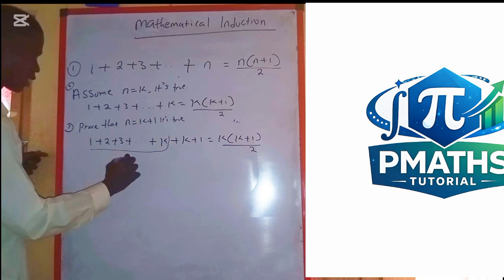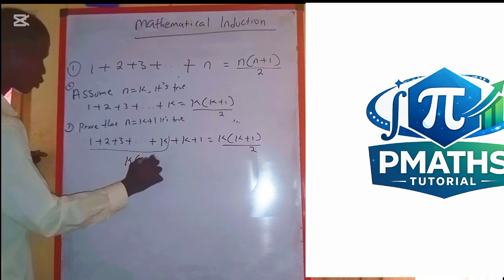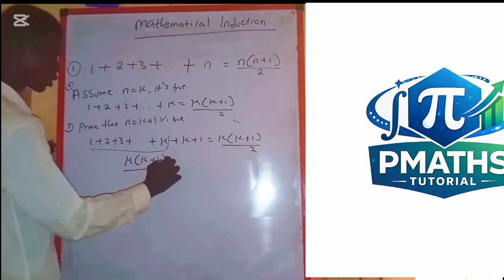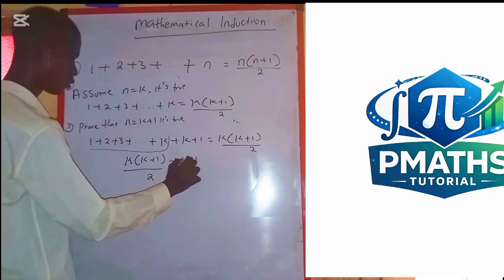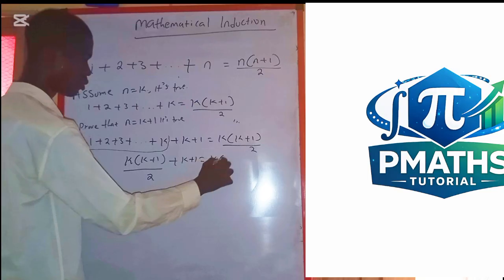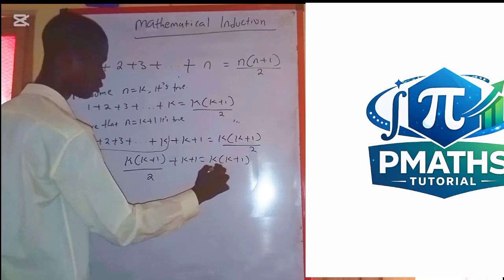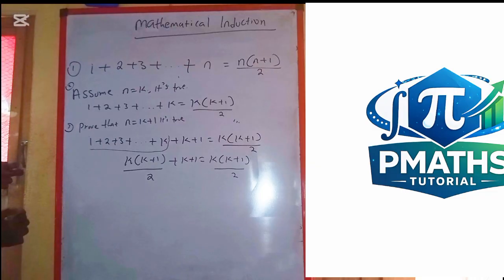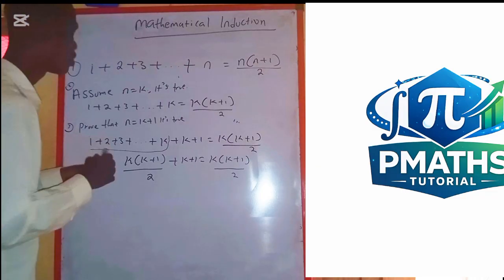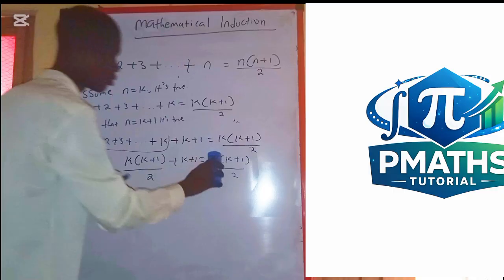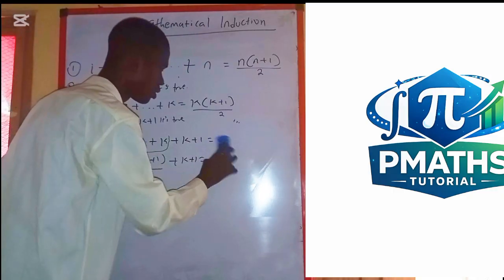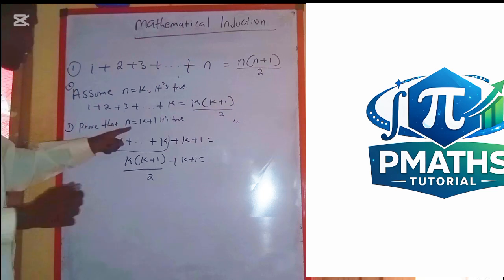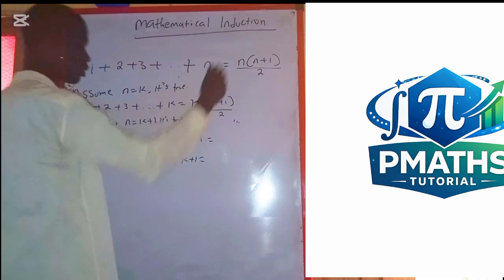So that means k bracket k plus 1 over 2 plus k plus 1 equals k bracket k plus 1 over 2. Sorry, I made a mistake here. N is k plus 1.